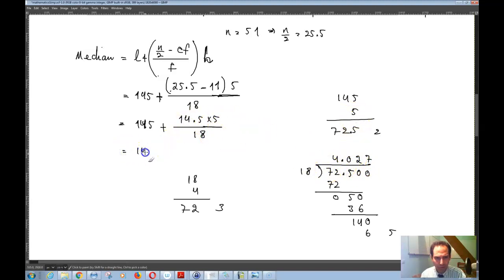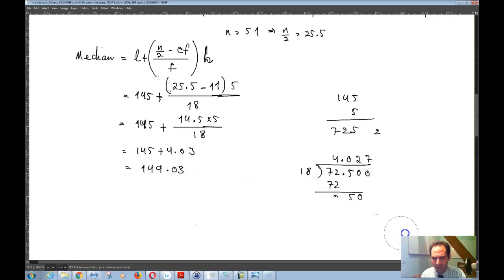So that's 145 plus 4.03, which is the same thing as 149.03, if I haven't made any mistakes.